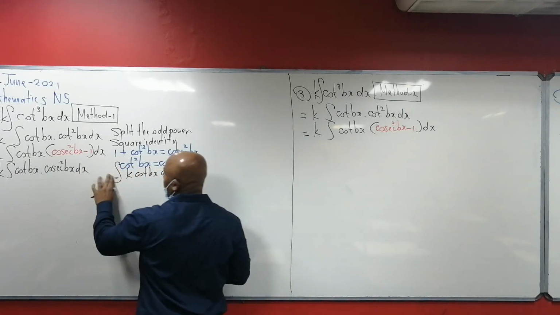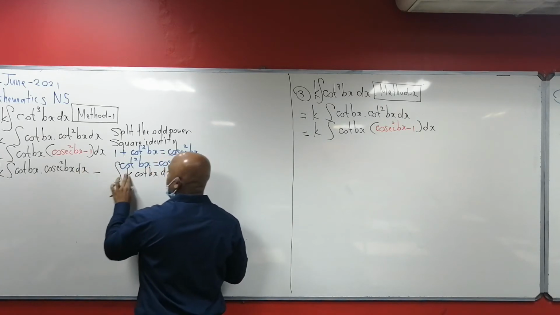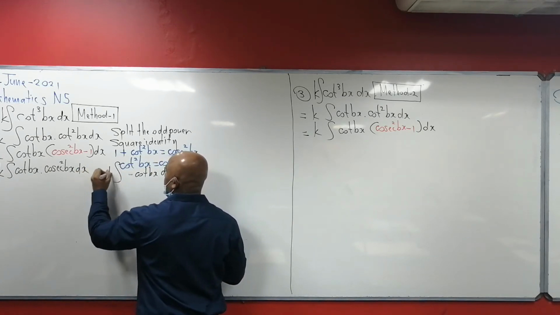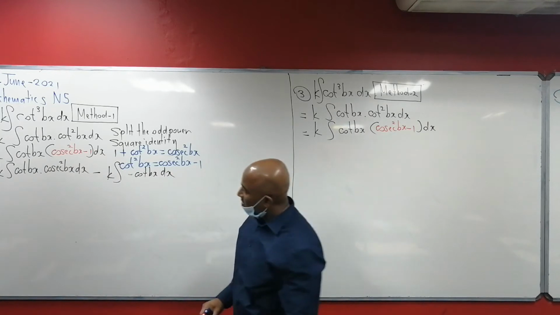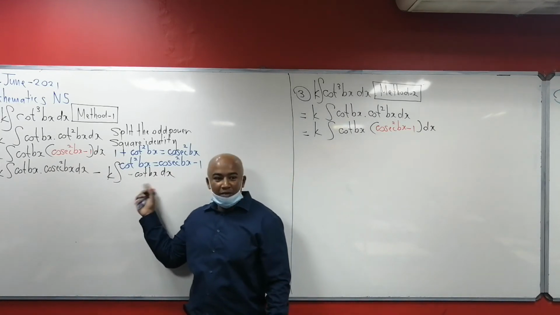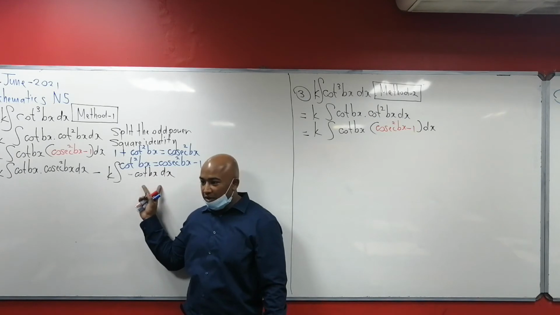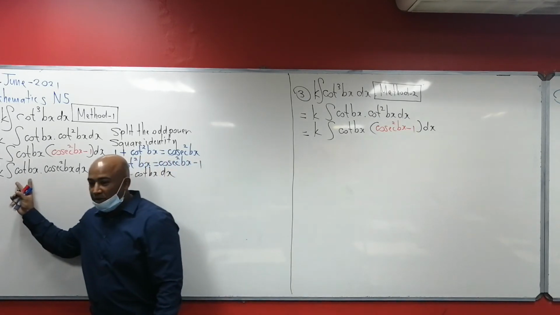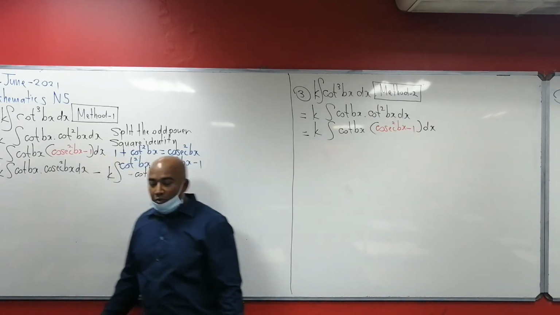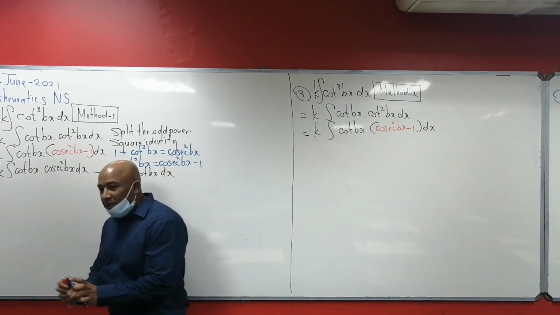Let me write down the k in front. Right, so this one we know, this is standard. This is number 1 that we just worked out. Integrating cot is not the problem. Term 1 is the problem. Can you see that? So term 1 involves multiplication.